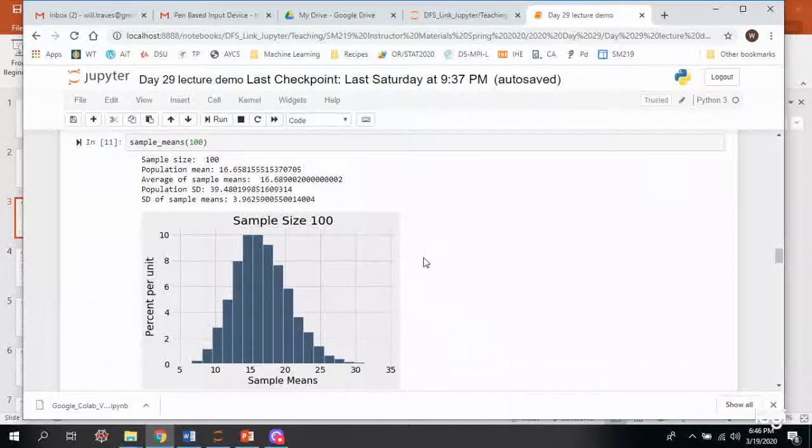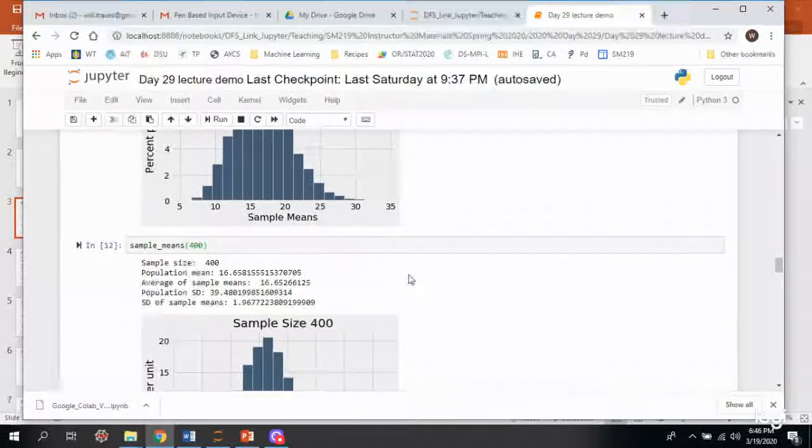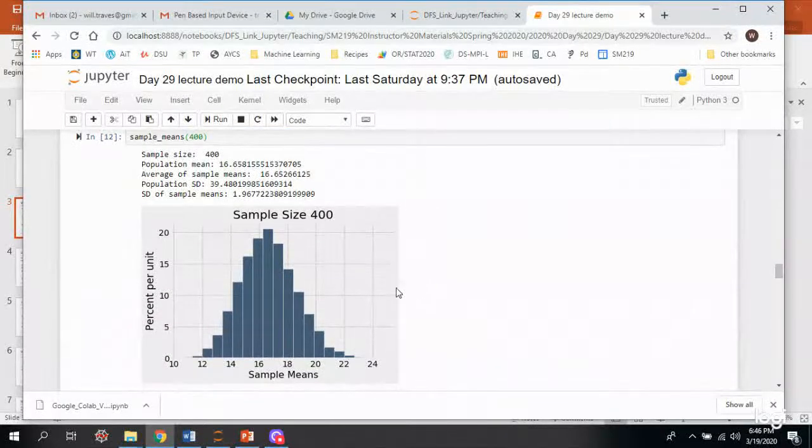What if we used sample size 400? Well, we just call the function again with 400, and we produce a histogram like this. Again, we get this bell-shaped distribution, and again, the sample mean is very close to the population mean. So that's exactly what we were expecting. But this time, the standard deviation has shrunk again, down to almost 2.